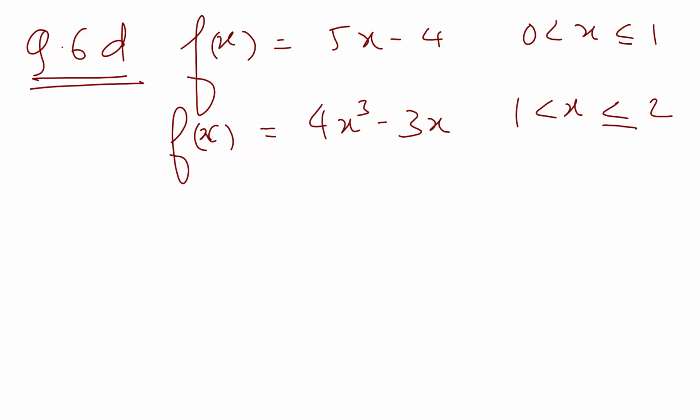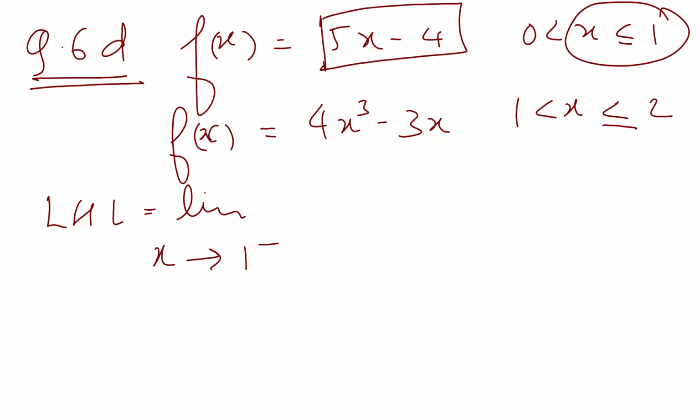Now see, guys, right hand side limit or left hand side limit. Left hand side limit is equal to limit x approaching 1 minus. So the meaning of 1 minus is x less than 1, because when we reduce the value of 1, it will become lesser than 1. So x less than 1, we have to take this function 5x minus 4. So let x is equal to 1 minus h.